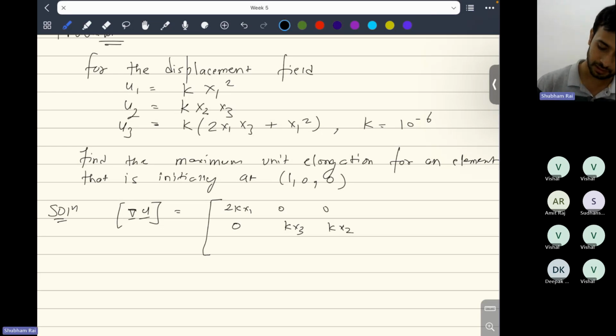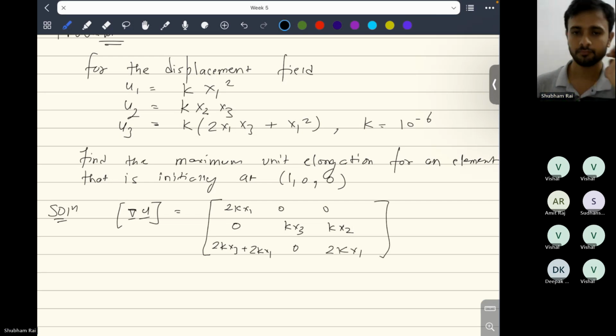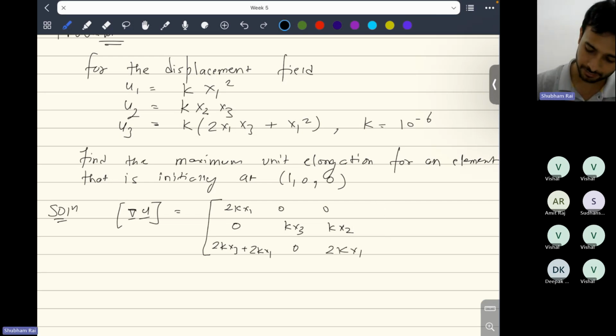And then del u3 by del x1 will be 2kx3 plus 2kx1, del u3 by del x2 will be 0, and del u3 by del x3 will be 2kx1. This is what you will get.